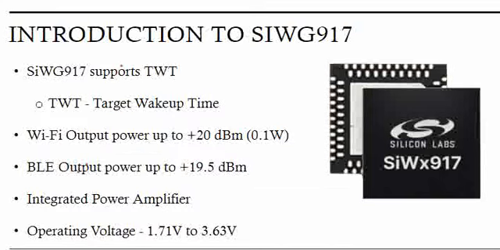Going further, as we talked about 802.11ax, one of the important features, as we go on to the next generation Wi-Fi chipsets, is that the lowest power consumption is the biggest advantage. So for these chipsets, there is something called TWT, which is target wake up time. This is one of the important features of Wi-Fi 6.